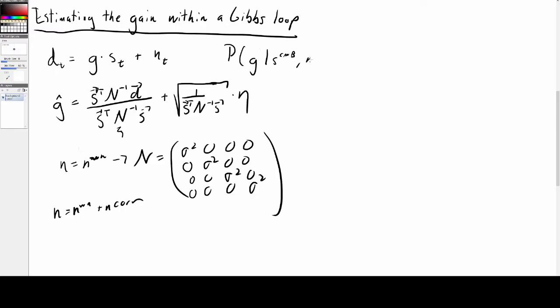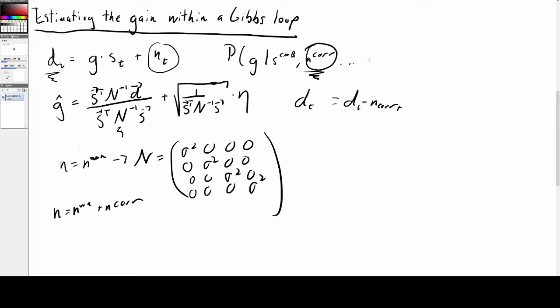And if everything else included the correlated noise, then that would mean that our data model, or what was on the left-hand side here, was really the actual data minus the correlated noise. That's the way to account for it, because in this scenario we know exactly what the correlated noise is, and so we don't want to include that when estimating G, and so what's left on the right hand side is just the white noise.